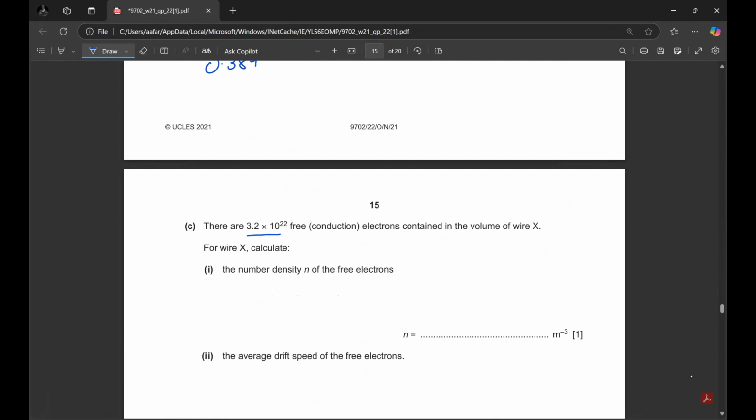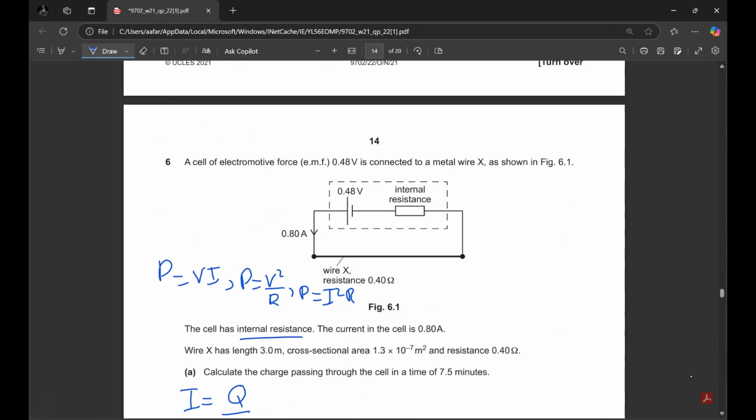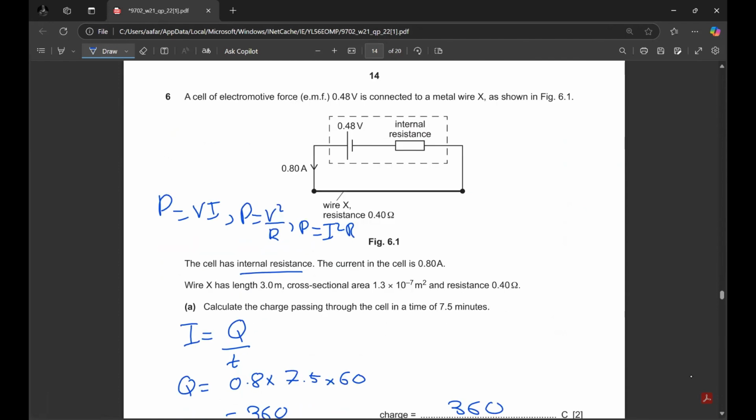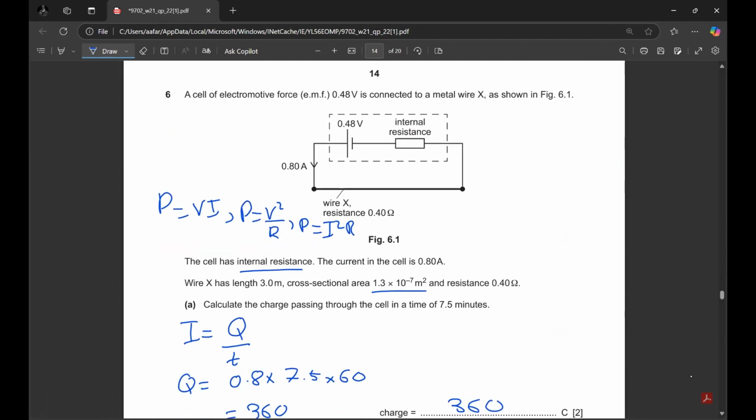There are 3.2 into 10 power 22 free conduction electrons contained in the volume of wire X. For wire X, calculate the number density n of the free electrons. Basically, number density is equal to the number of electrons divided by the volume. Now, they've given us the cross section and the length, so from there we can calculate the volume.